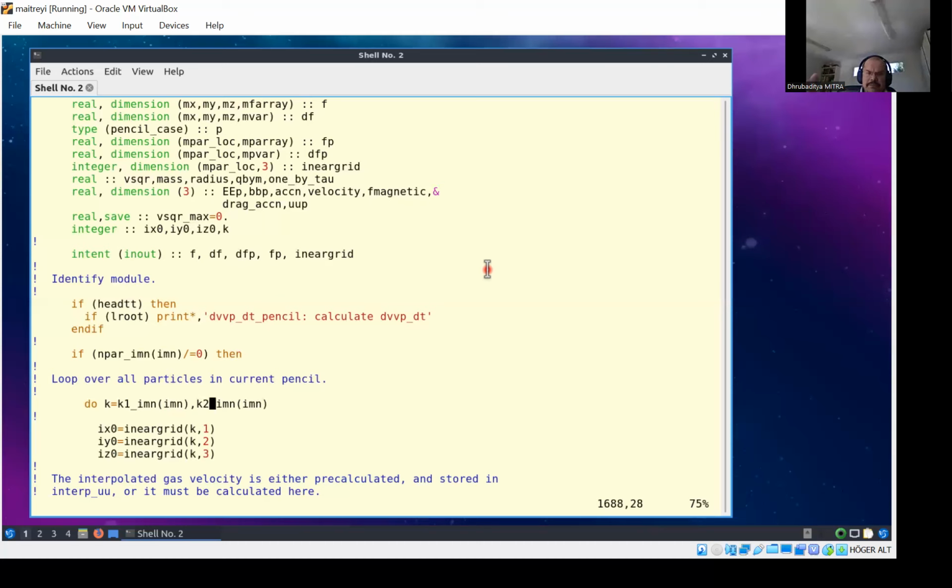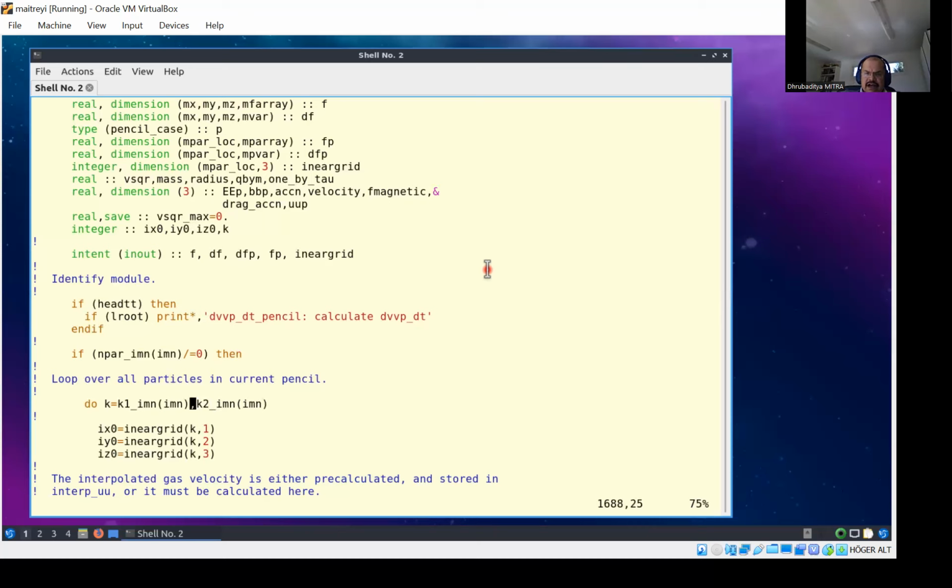The particles will keep being sorted, if not at every time step, then every other time step or something like that. These are like name tags of the particles in the current pencil, but I need to know only the first tag and the last tag, because of the sorting, every other tag is in between.